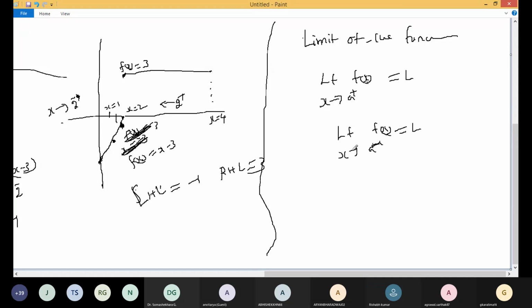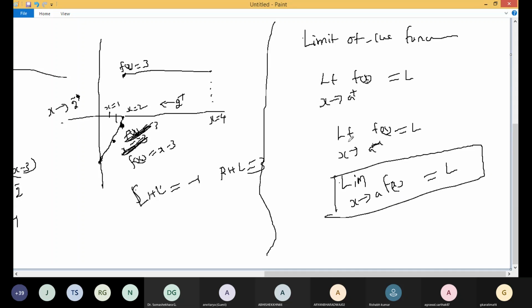Both exist, and L is called the limit of the function f of x as x tends to A. When both exist and both are equal, we can write the limit as x tends to A of f of x is L.